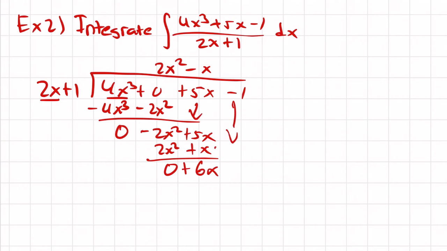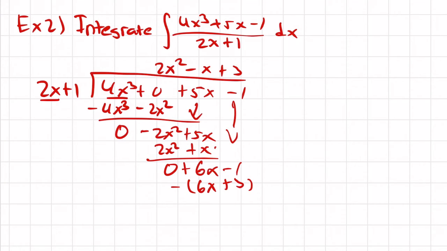I'm now going to drop down the negative 1. Now we need to find a number that multiplies with 2x to give me 6x. In this case, it's positive 3. So we're going to multiply 3 times 2x plus 1. 3 times 2x gives me 6x, and 3 times 1 gives me positive 3.